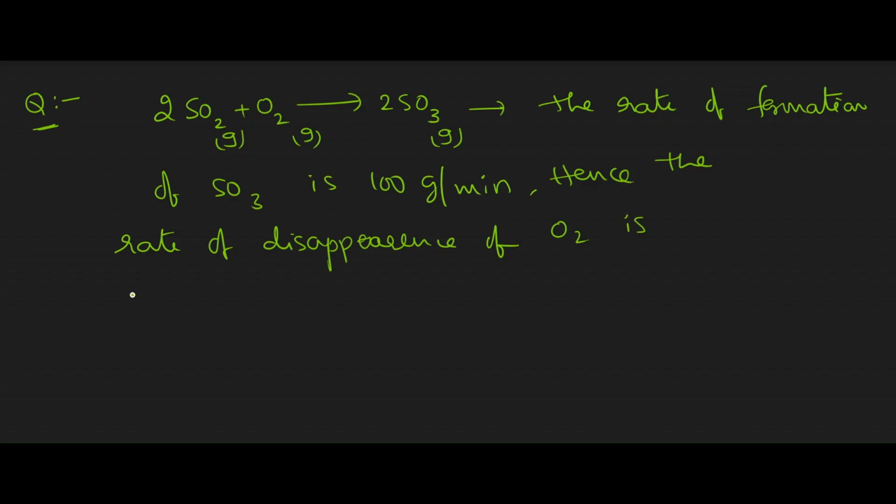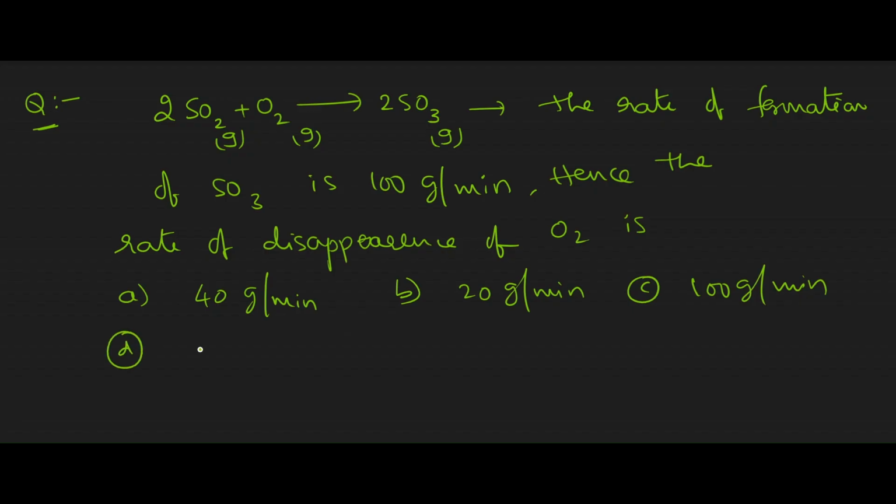This is the question, and they have given the options: 40 gram per minute, second option 20 gram per minute, third option 100 gram per minute, fourth option 80 gram per minute.